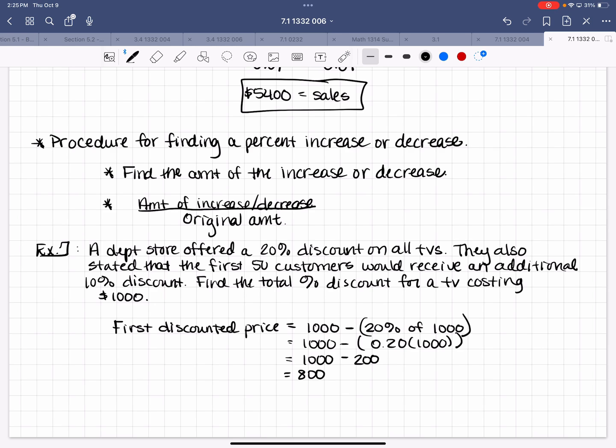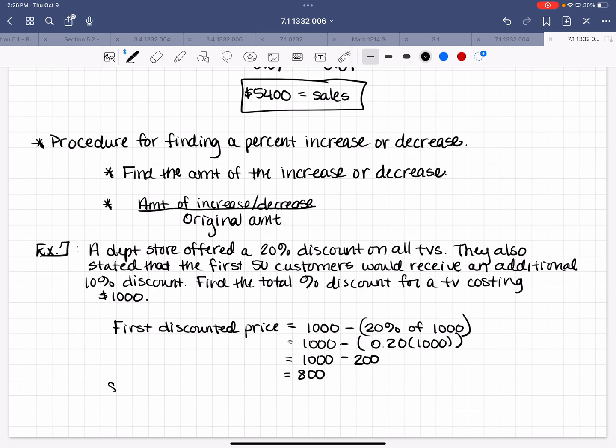Okay? So for all the people number 51 and later, that TV is going to cost them $800. But you were one of the first 50 people. You were number 48. We're not going to make you 49 or 50. You're number 48. I like that number better. So you get another 10% off. You get an extra 10% off, but it's 10% off the 800, not the 1,000. Okay?